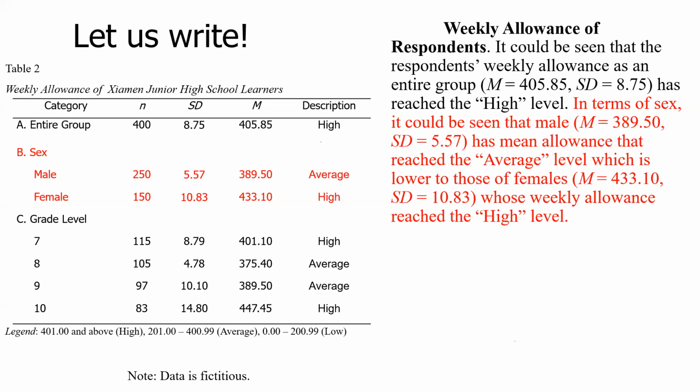On the other hand, grade 8, which has a mean of 375.40, and standard deviation, which is 4.78, and grade 9, which has a mean of 389.50, and standard deviation, which is 10.10, has reached the average level of weekly allowance. Nice. Very good, ma'am. Thank you.